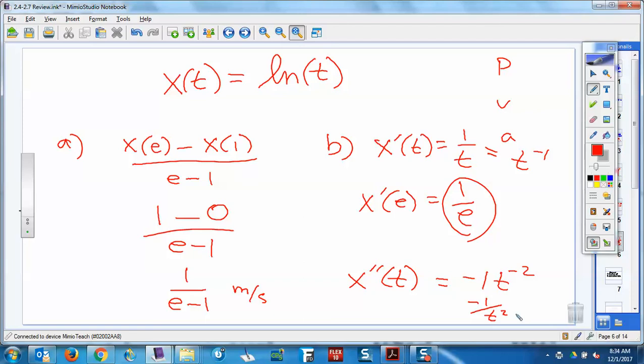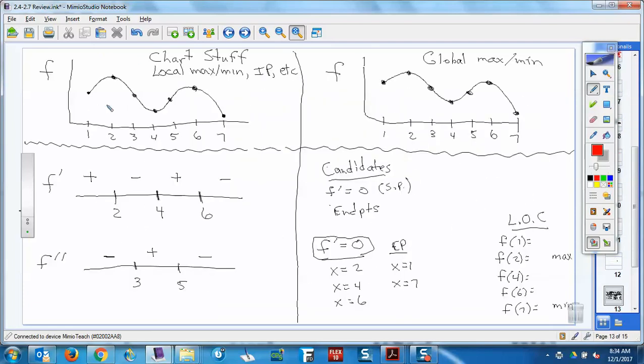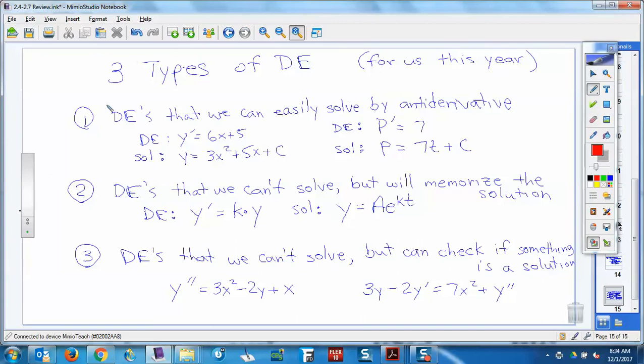Okay, so x double prime is acceleration. All right. 47. Let's talk about 47. I said there were 3 things that we would probably have to do with differential equations. Verify something's a solution. Be able to take some words and translate it into a differential equation like that last one. And then this one. If you remember what we said about differential equations, there is the type we can't solve, but we can memorize the solution.